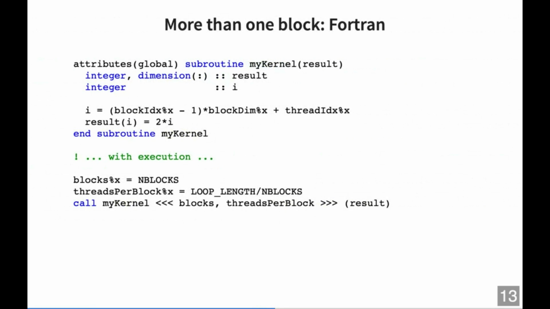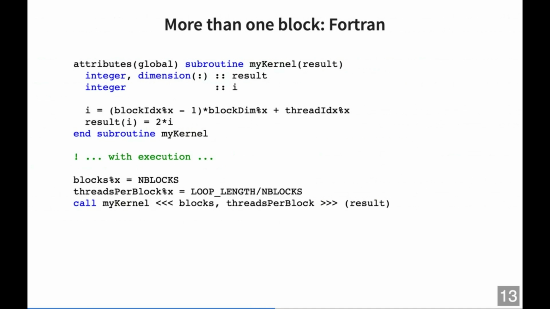Okay, likewise in Fortran, the picture is similar, except the one thing to note about Fortran, because Fortran likes to count in natural numbers like natural people, is that indexes typically start at 1.